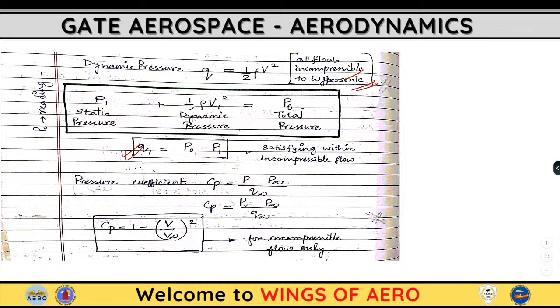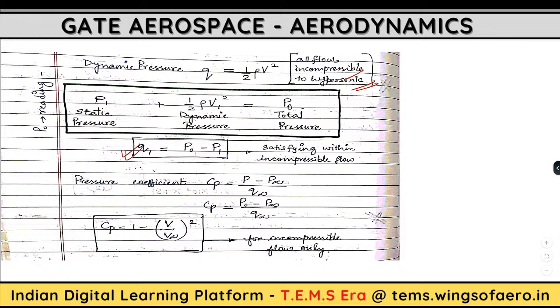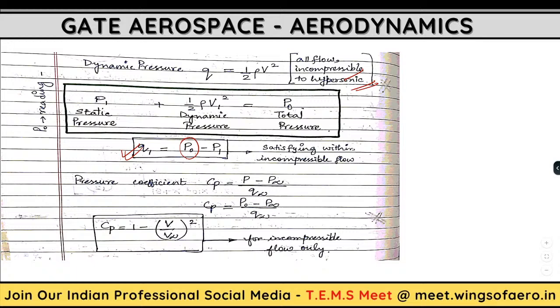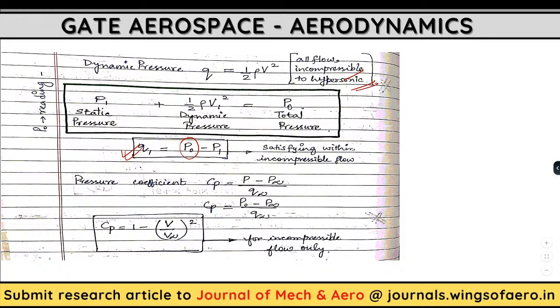Now dynamic pressure can be written in this way, as you can see over here, Q equals P0 minus P1. Now what is P0? P0 is the total pressure, which is also called the stagnation pressure.